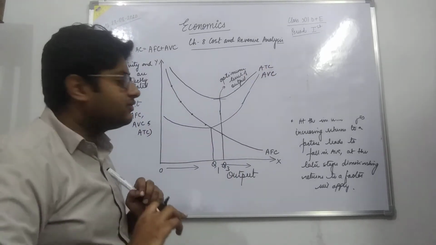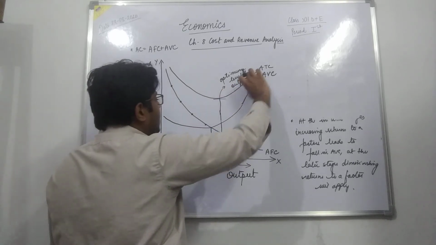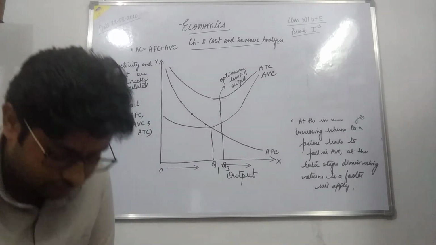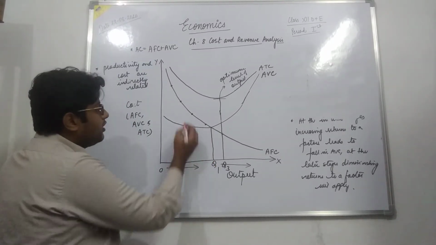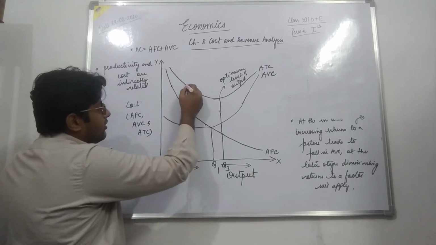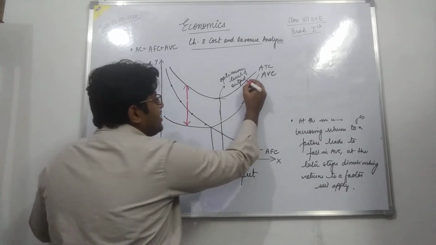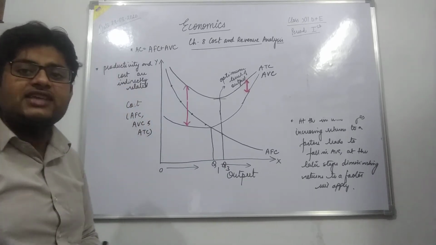You can see that the difference between ATC and AVC is narrowing down. If I talk about any point below Q1, I can see the difference between ATC and AVC is very large. But at the later stages, see the difference between ATC and AVC has reduced.